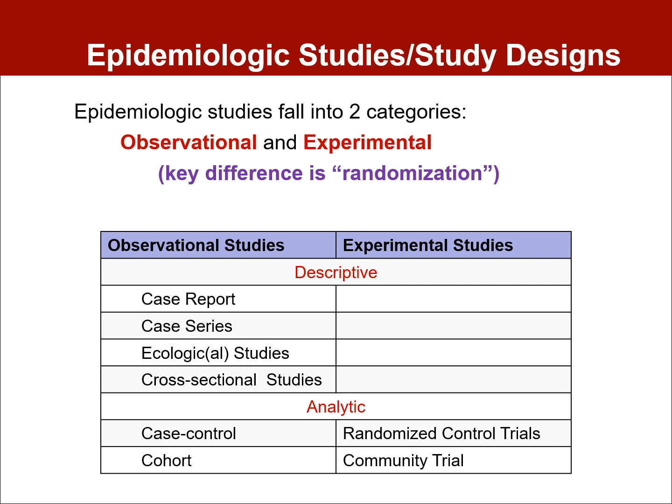In the next 3 to 4 weeks, we will be moving to the analytical branch of epidemiology, where we will focus on two main types of observational study designs and one main type of experimental study design.